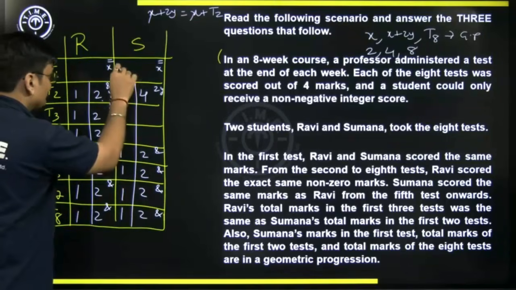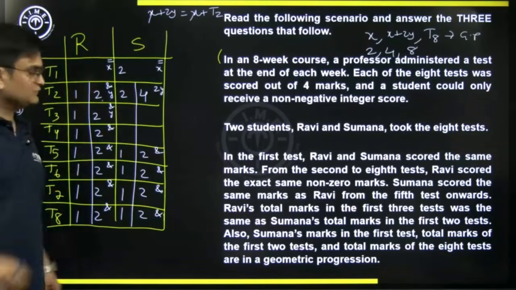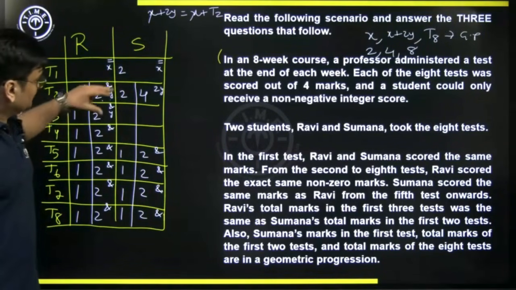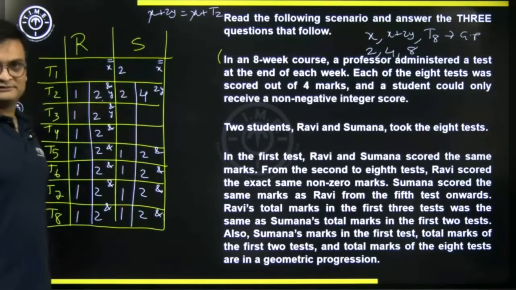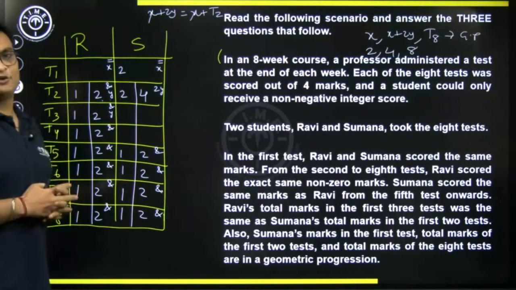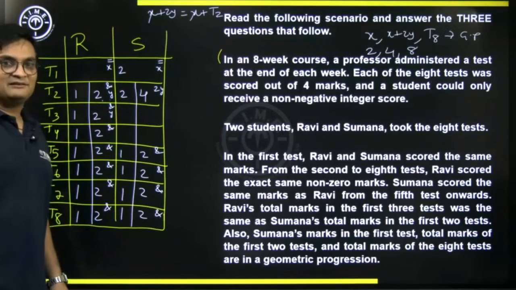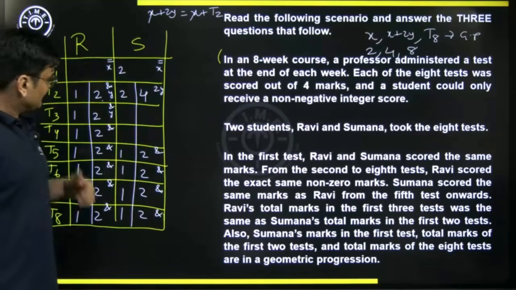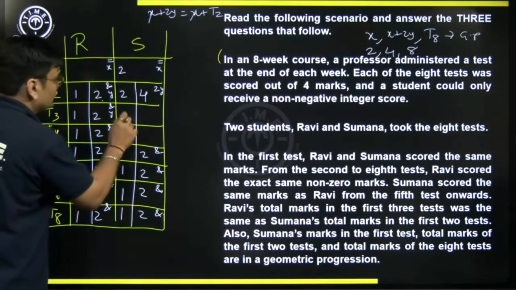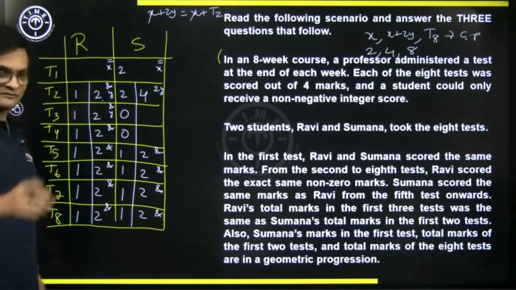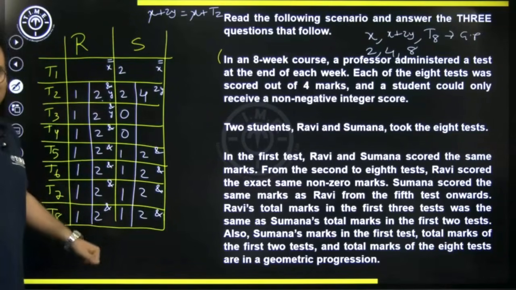The total score in the first 2 tests is 4, double of the first test. Then the total score in all the 8 tests should be 8. Now is that possible? That's possible only when you take these 2 as 0. So 2 plus 2 plus 4, 8 is possible, but for that this should be 0.